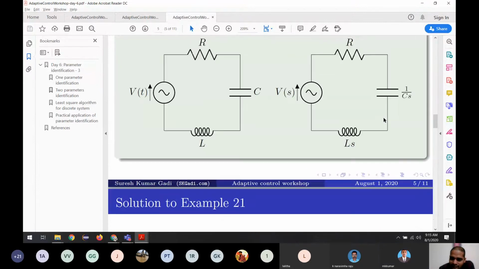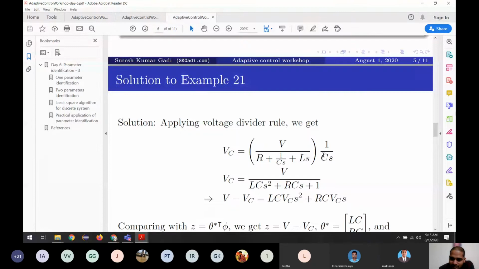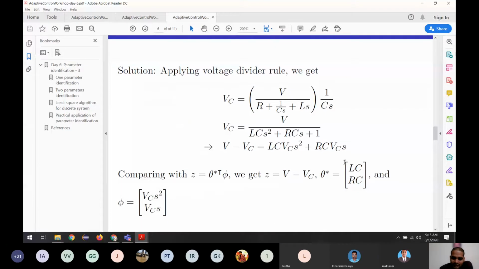And what is the voltage across this capacitor? We have to multiply the current times this resistor, or in this case the impedance, which is 1 by CS. So you are multiplying it with 1 by CS. Yes. And after rearranging these terms, we get this, and we are comparing with this.